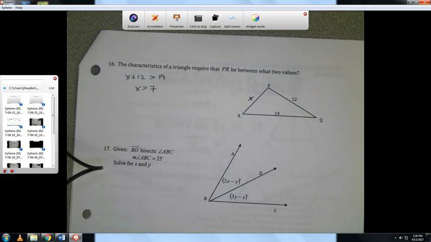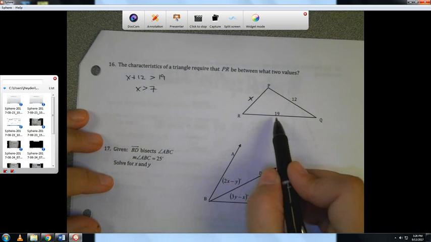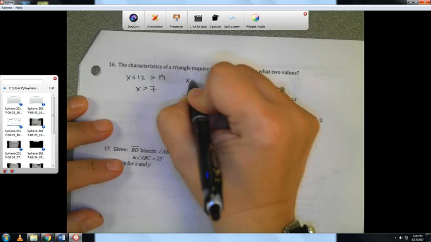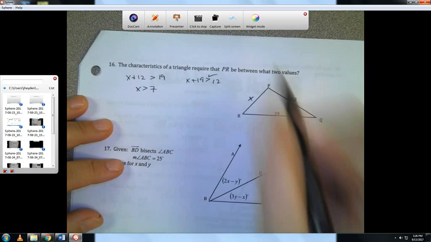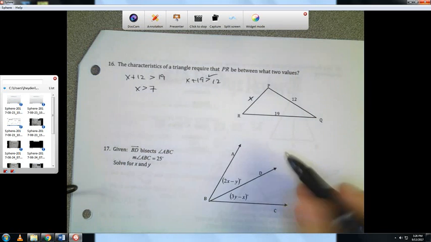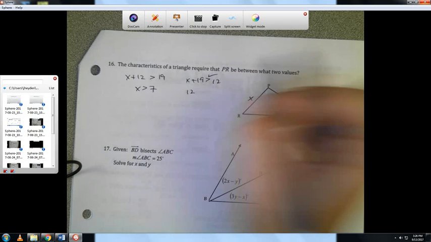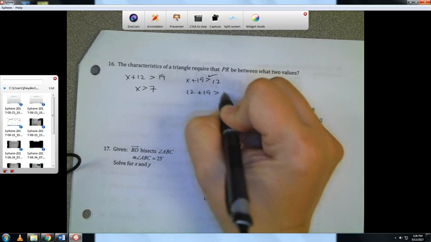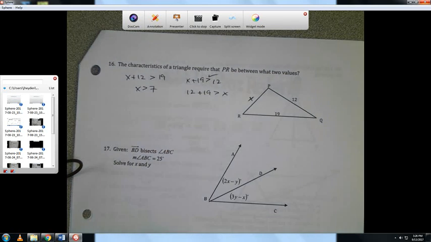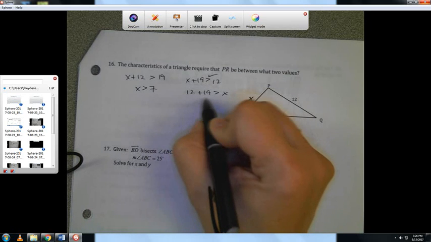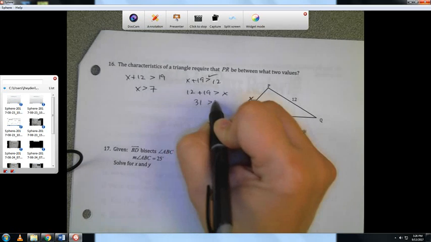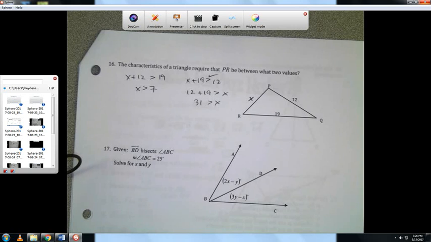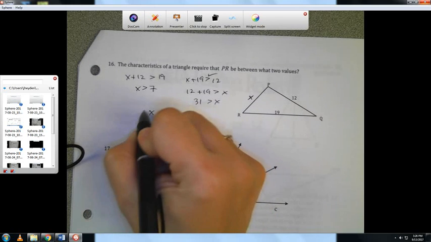We also know that x plus 19 has to be bigger than 12, but that's going to happen anyway because 19 is bigger than 12. We know that 12 plus 19 has to be bigger than x. So x has to be, what does this equal? This equals 31. So x has to be less than 31, which means x is between 7 and 31.